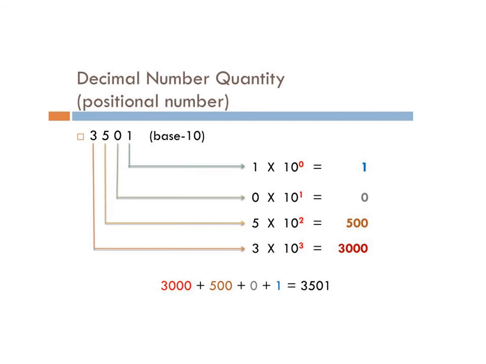Next digit is 5, multiplied by 10 raised to power 2, which is 100. 5 into 100 equals 500. Next digit is 3, multiplied by 10 raised to power 3, that is 3000. Then sum up all these products: 3000 plus 500 plus 0 plus 1 equals 3501.